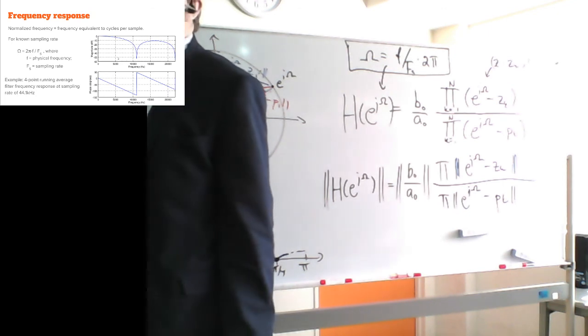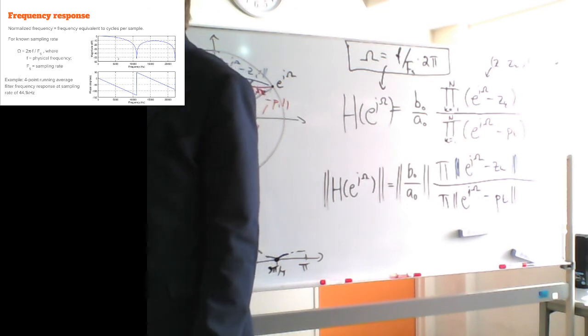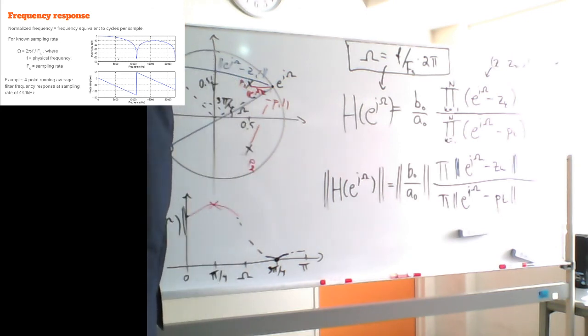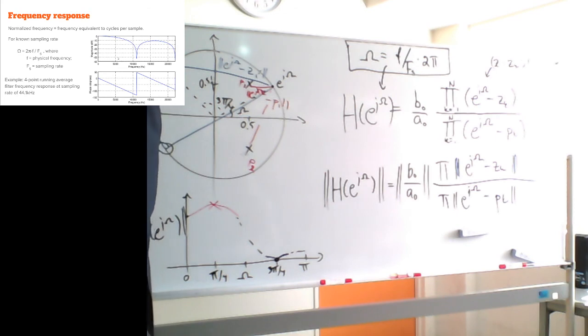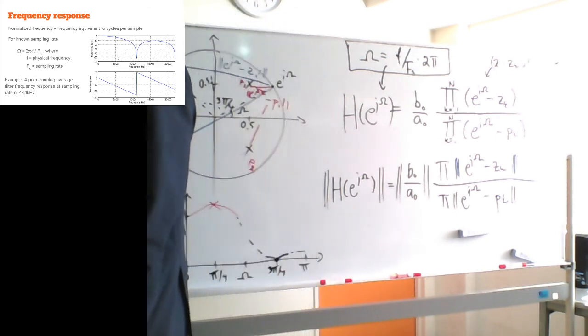The sampling rate over 2, the Nyquist frequency, is 22.05 kilohertz, and that gives a notch, meaning very high damping ratio at 11.025, and at the highest rate.